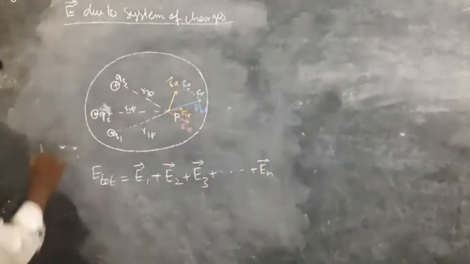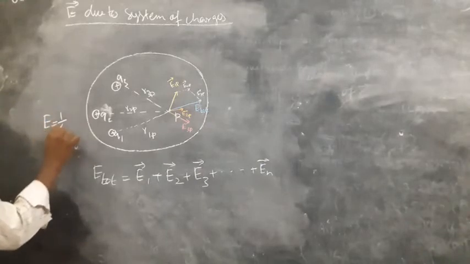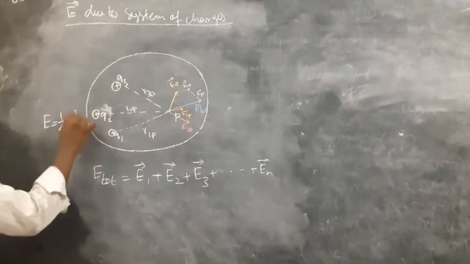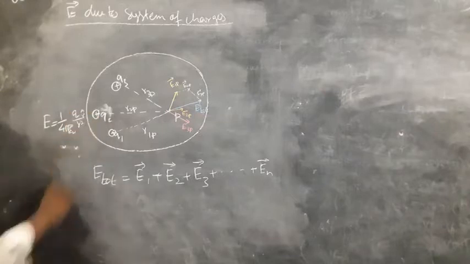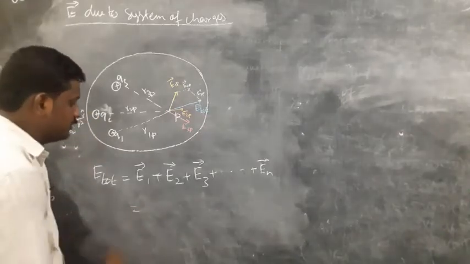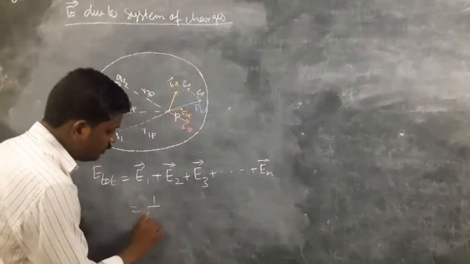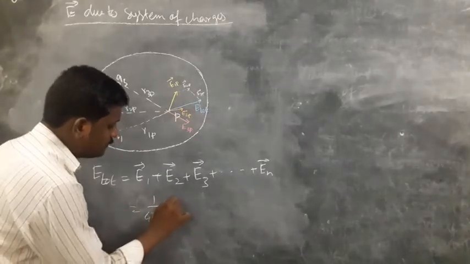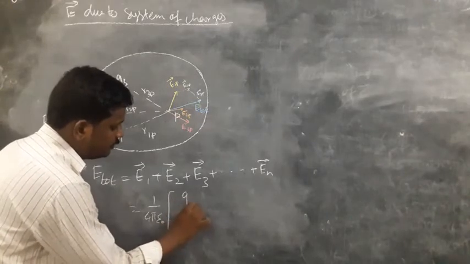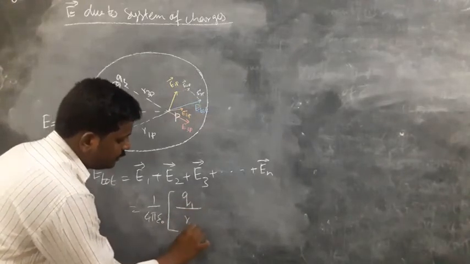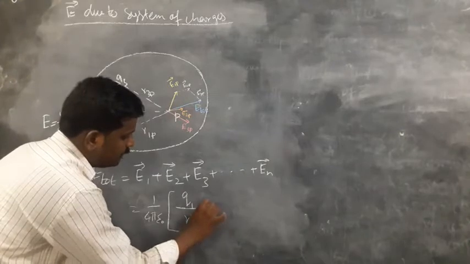Already we know the electric field E is equal to 1 by 4 pi epsilon naught Q by R squared R cap. Here, instead of Q we use Q1. So electric field E1 is equal to 1 by 4 pi epsilon naught, taking common, Q1 by R1P squared R1P cap.